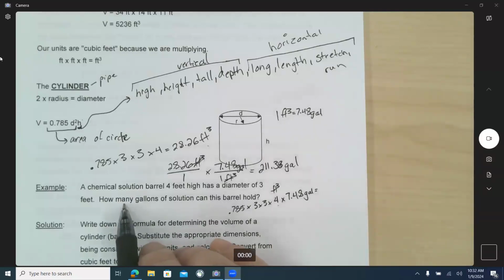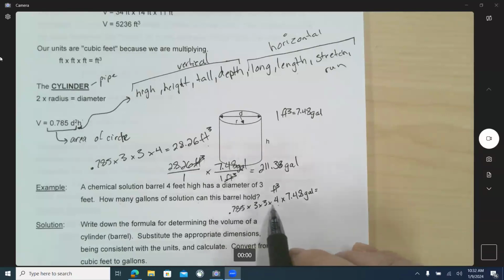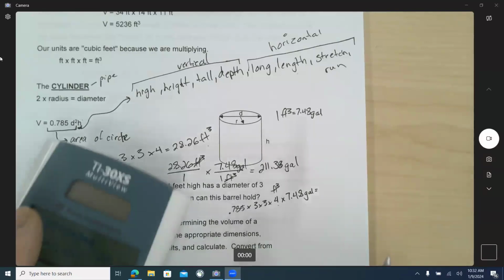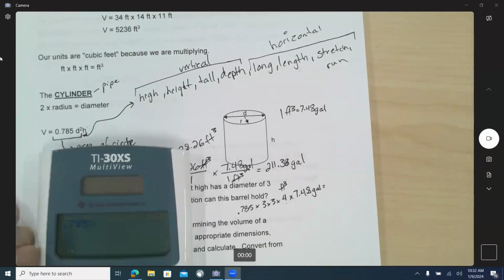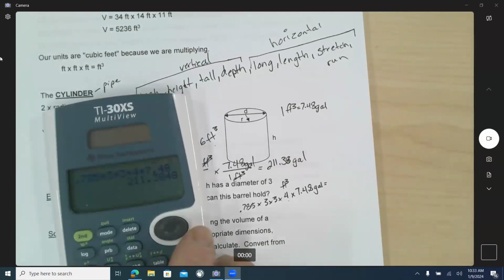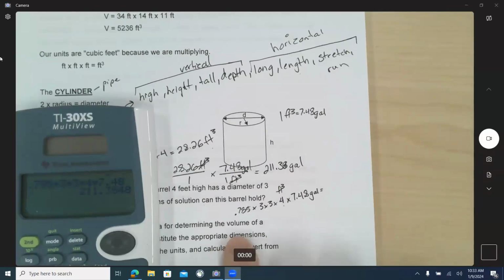So what I'm saying is if the question asks for how many gallons right off the bat, I can do it in one step by using my volume formula, times 7.48. And look at that, you get the same answer. So this is one of the first shortcuts I'm going to start to show you.